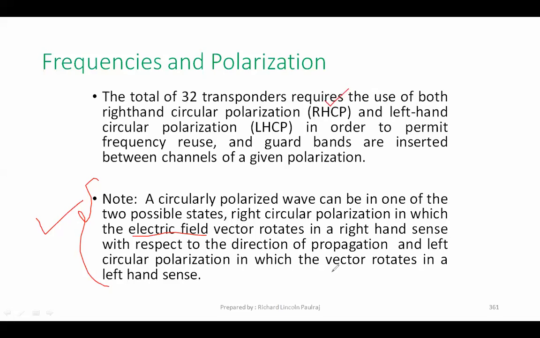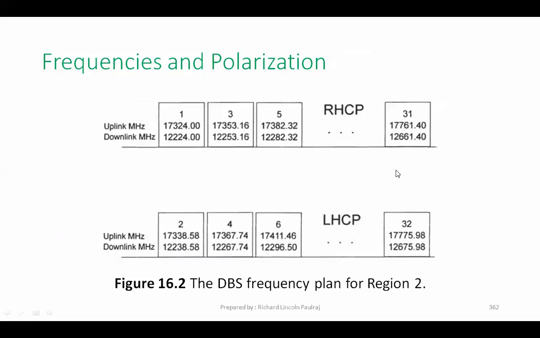If the vectors rotate towards the left hand, then it's called LHCP. Okay, so this is the diagram wherein you'll be employing different frequencies, and these are separated in the form of your odd and even.